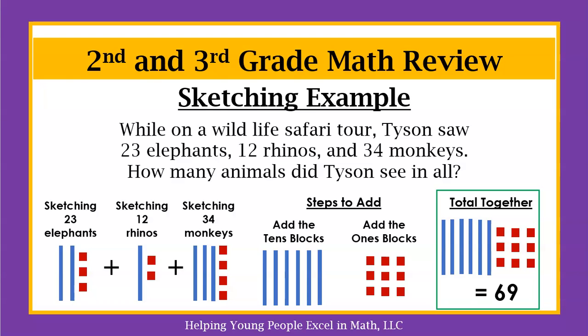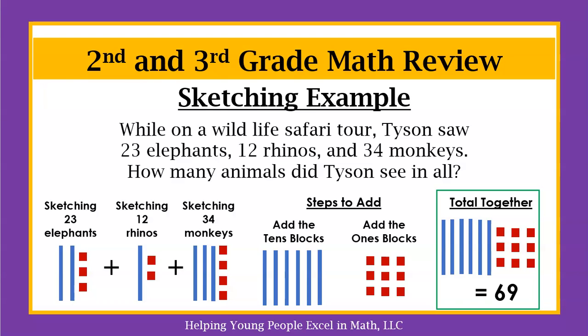First, we are going to sketch 23 elephants. That means we are going to have 2 tens blocks and 3 ones blocks. Plus, we have 12 rhinos. That is 1 tens block and 2 ones blocks. Sketching the monkeys, we have 34. That means 3 tens blocks and 4 ones blocks.